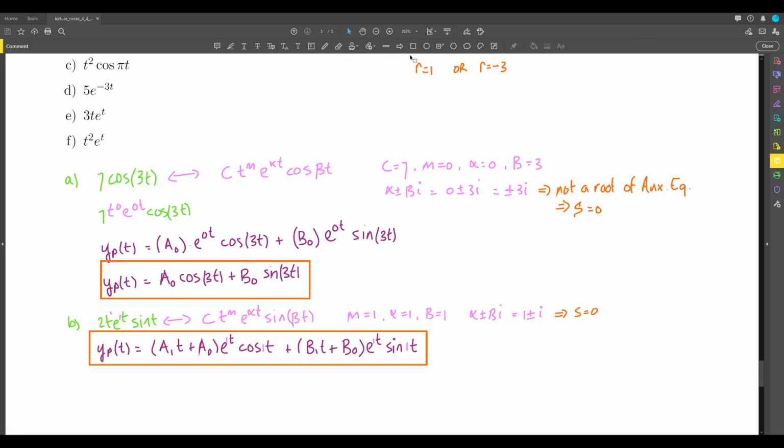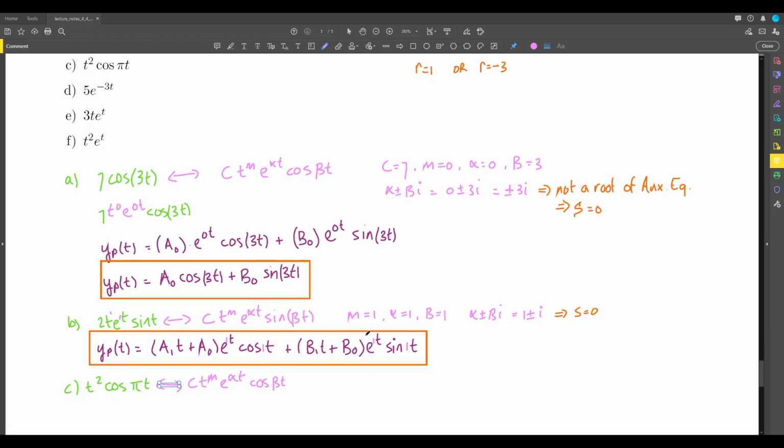So now we're going to compare t squared cosine pi t. And again, we're going to have to compare it to this one. So I'm going to compare this with c times t to the power m e to the power alpha t cosine beta t.